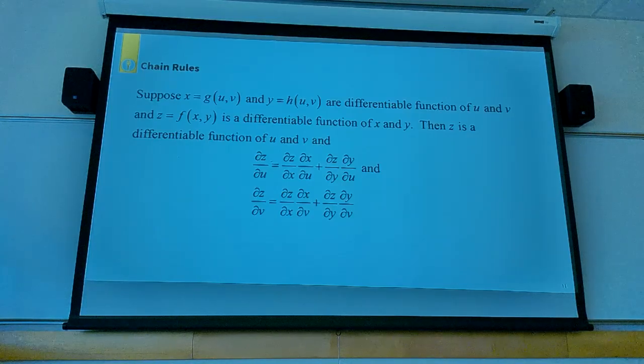And partial z partial u is partial z partial x times partial x partial u, plus partial z partial y times partial y partial u, and partial z partial v is partial z partial x times partial x partial v, plus partial z partial y times partial y partial v.